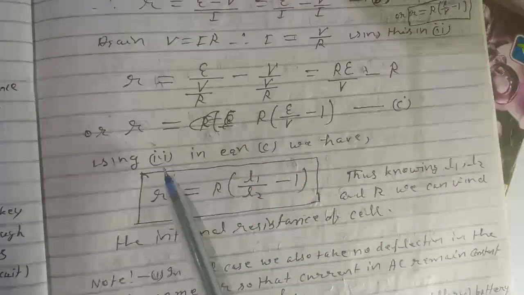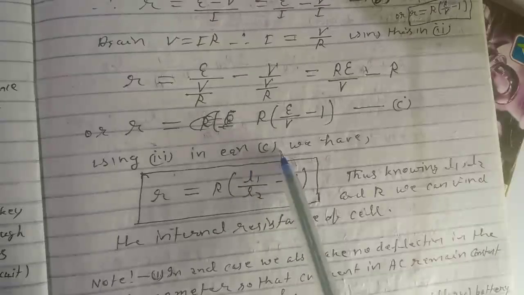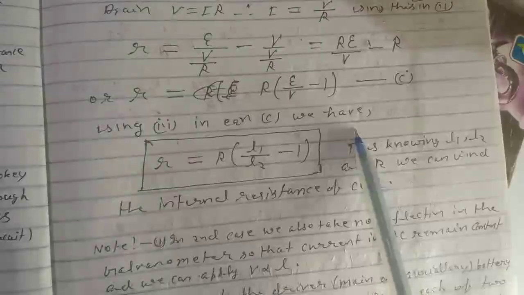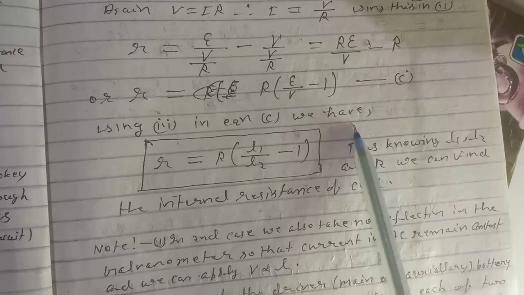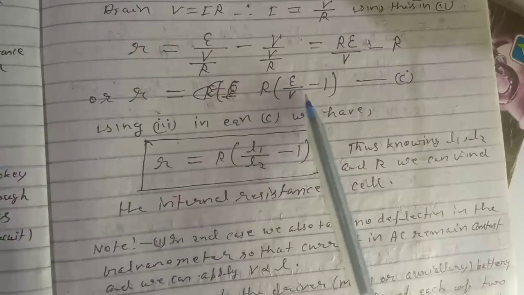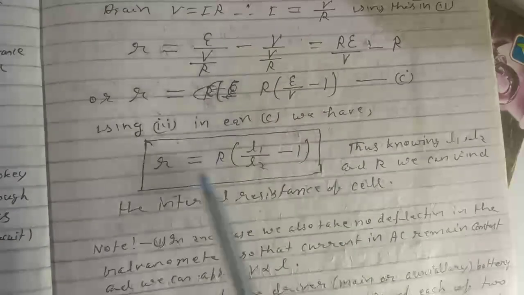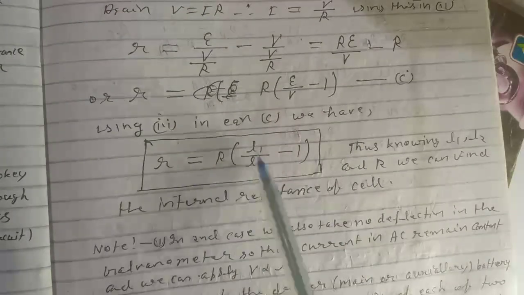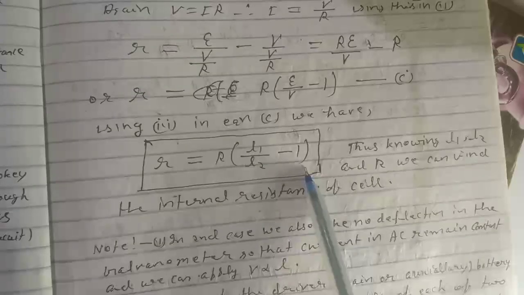This is equation C. Using equation 3 in equation C, we have calculated earlier that E by V is equal to L1 by L2. So we have r equal to R into (L1 by L2 minus 1).